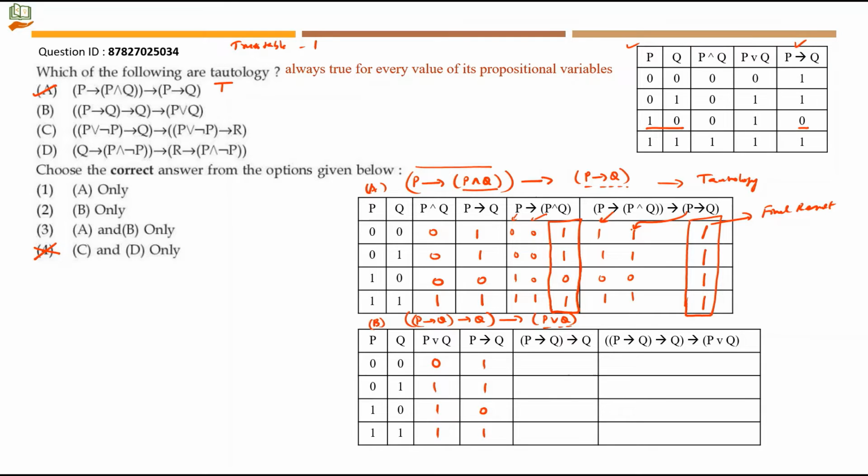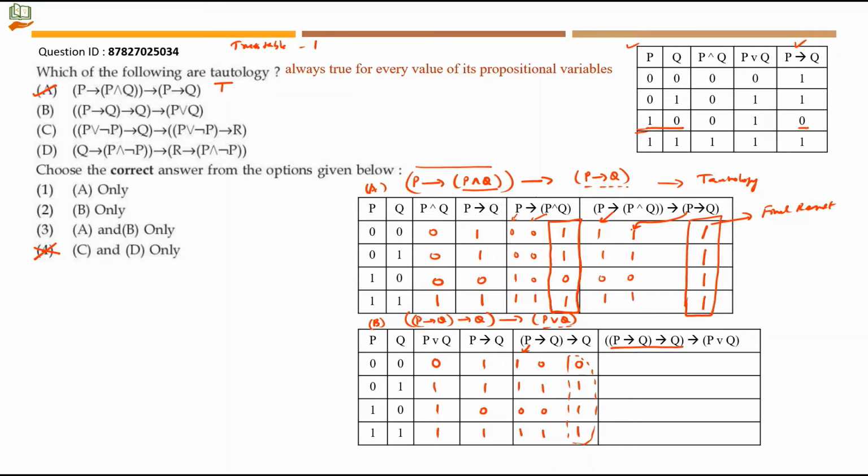So let's go with P implies Q. We'll just place the values here. Then we have Q here. So only the Q column. 0, 1, 0, 1. Implies operator between 1 and 0 will alone give you 0 as per this table. So this alone will be 0. The rest of the places it will have 1. So this is the final value of this column.